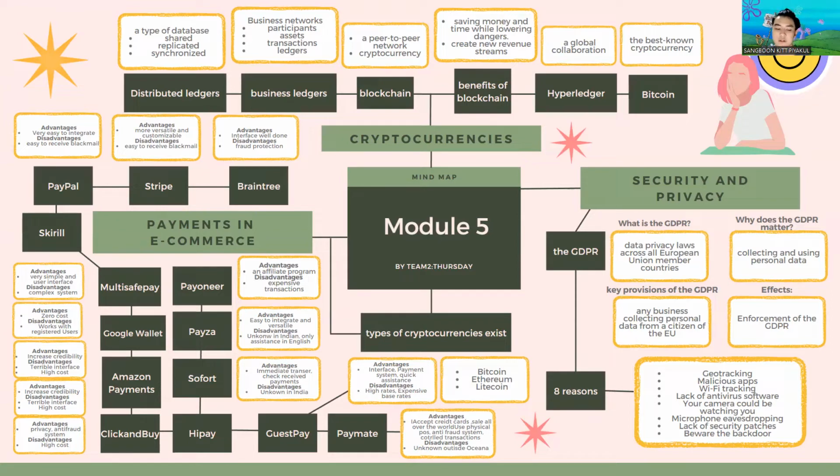The penalties for non-compliance with the provisions of GDPR regarding collecting and using personal data are potentially devastating. The key provision of the GDPR: any business collecting personal data from a citizen of the EU is subject to enforcement of the GDPR.